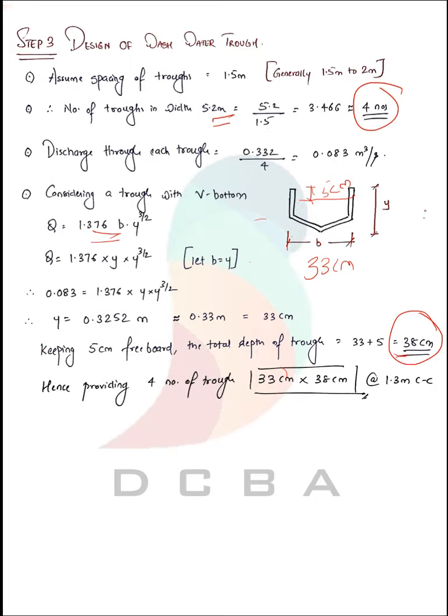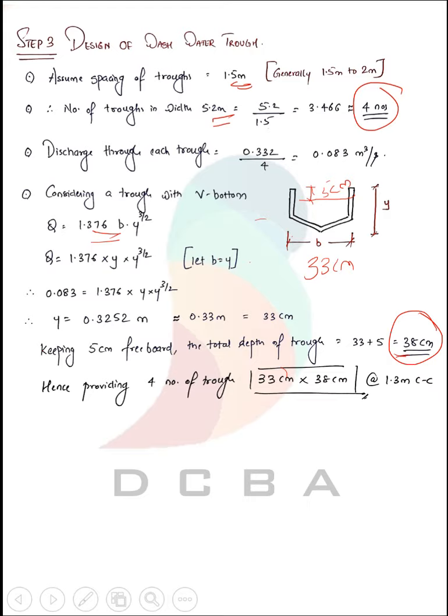In the beginning we had used the spacing to be 1.5 meters, but here we can actually calculate the spacing, that is 5.2 meters, the width of your rapid sand filter, divided by the total number of troughs, so it comes out to be 1.3, right? So this is all about your design of rapid sand filters.